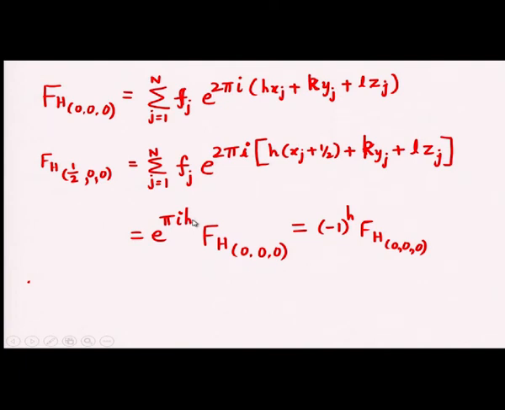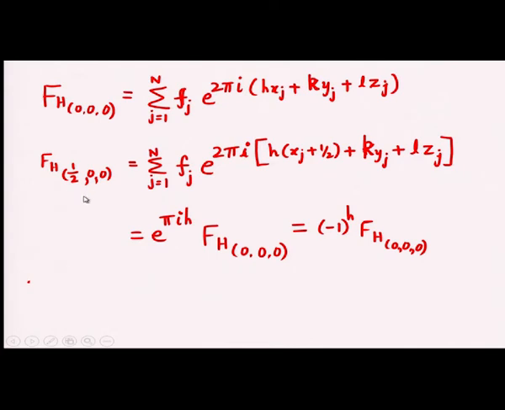But whenever h is an integer, by the trigonometric formula, e^(pi i h) equals (-1)^h. Now, we see that when the origin is shifted from (0, 0, 0) to (1/2, 0, 0), there is an introduction of a phase factor.